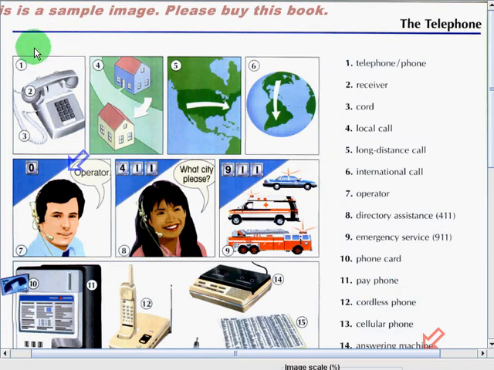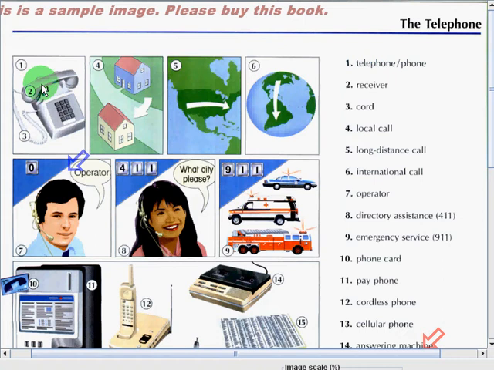Let's take a look at number 1. This one is what you call telephone. A telephone is a device used to send sound by wire or radio waves. So, a telephone has a part for speaking, and a part for listening, here.